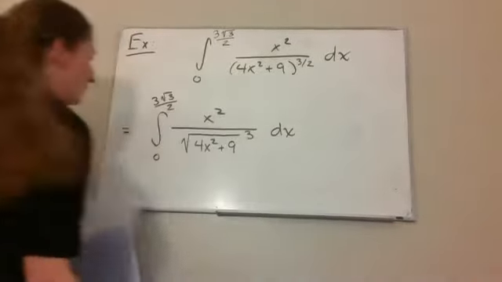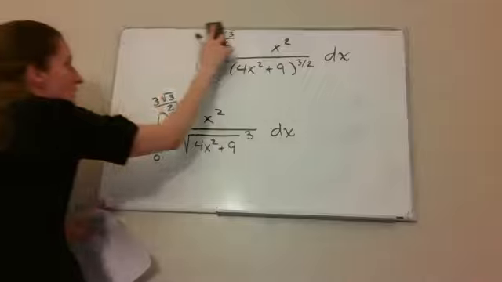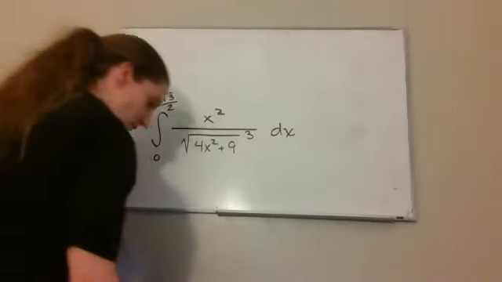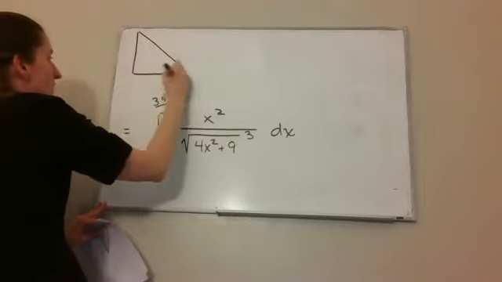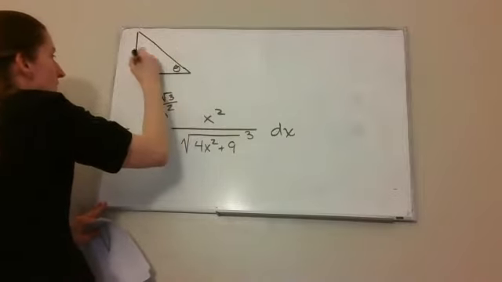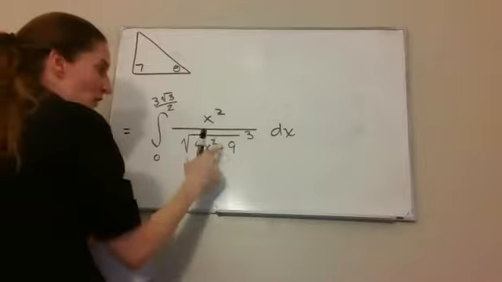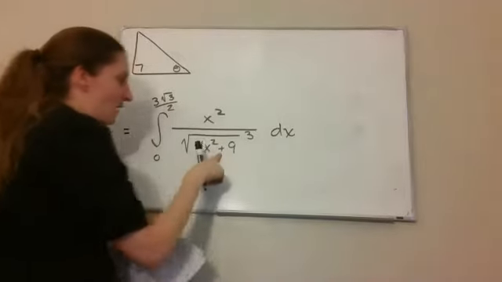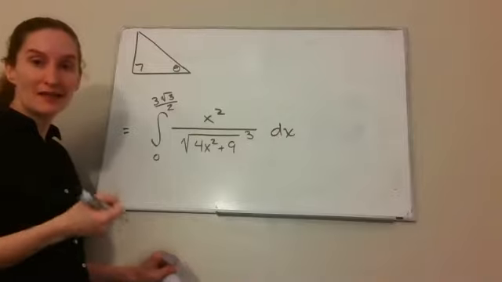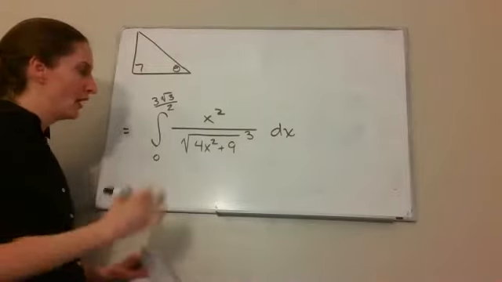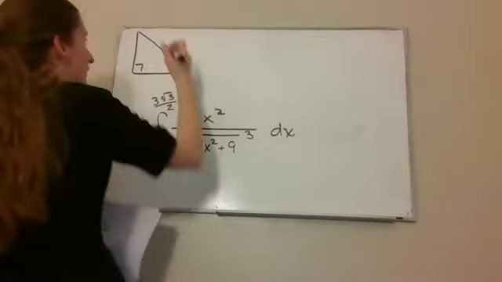So let me set up this triangle. I have a plus underneath the root, so that means this 4x squared and that 9 correspond to my sides squared. And the whole square root is my hypotenuse.